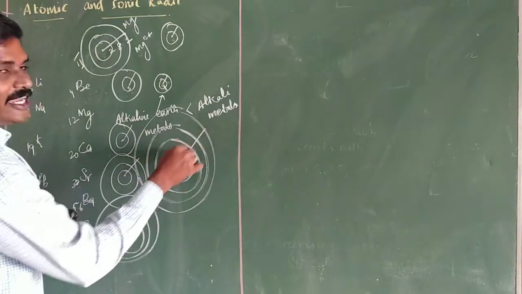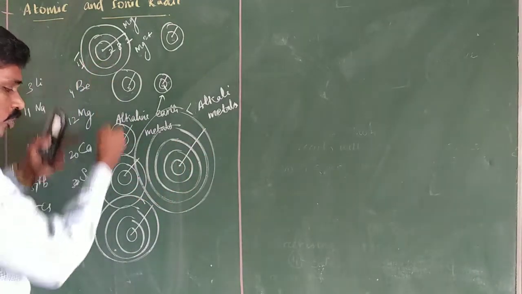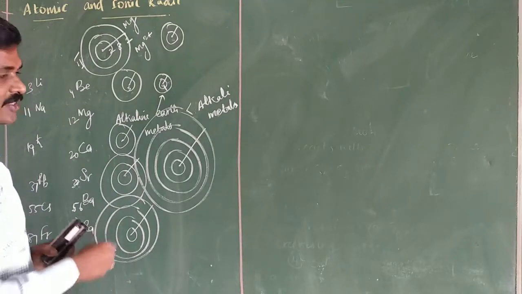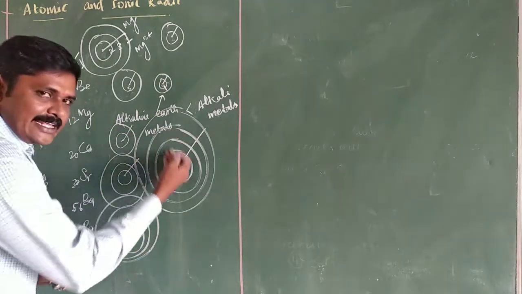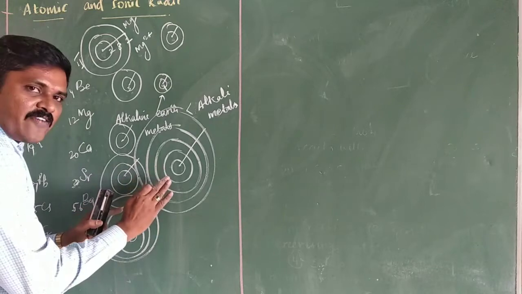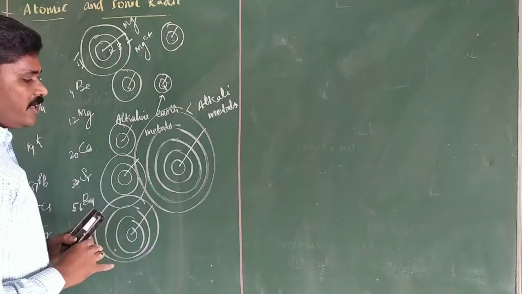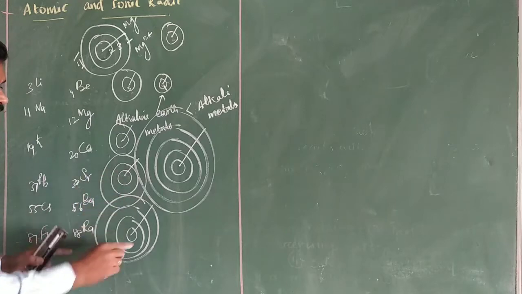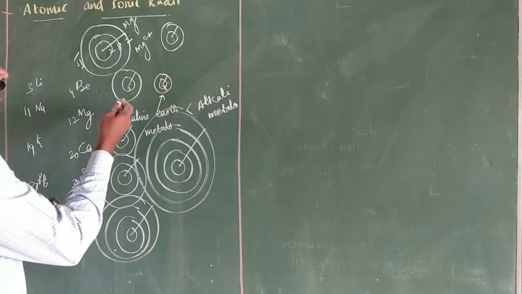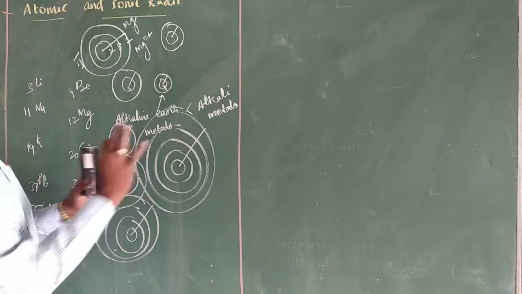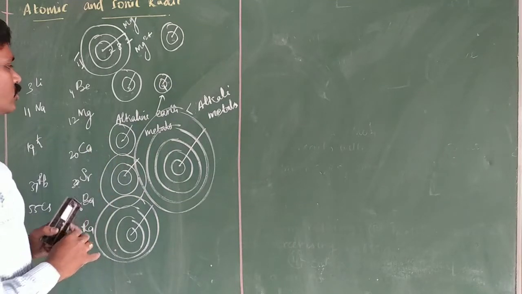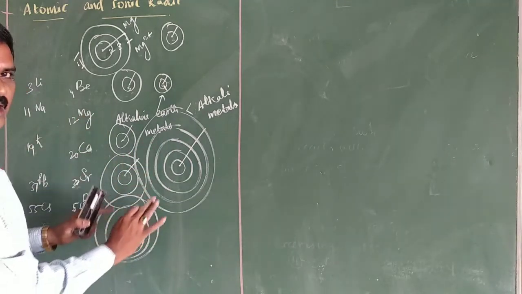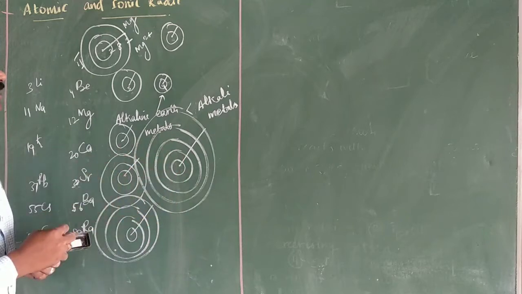The effective nuclear charge decreases from top to bottom, the screening effect increases, and the size increases. So from top to bottom, the atomic and ionic radii increase.